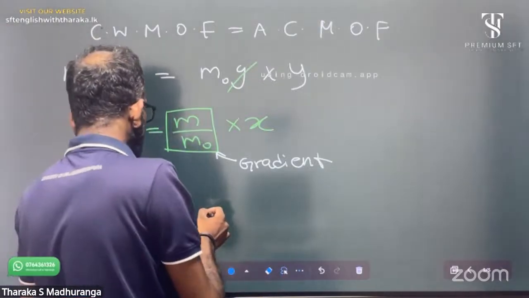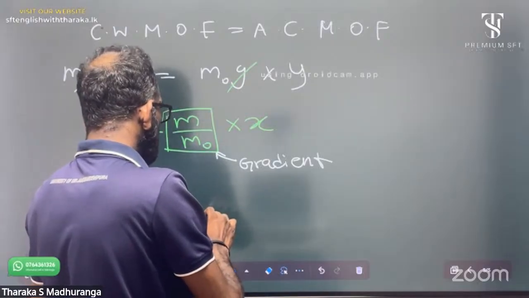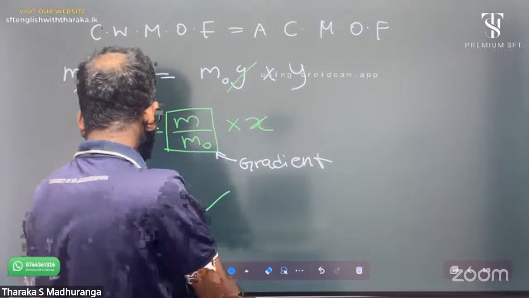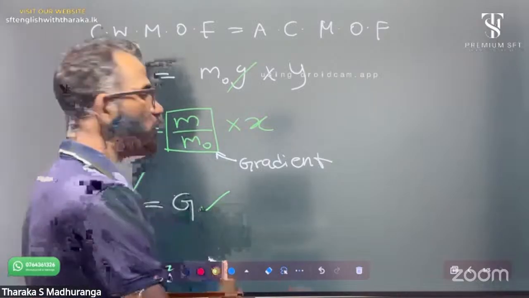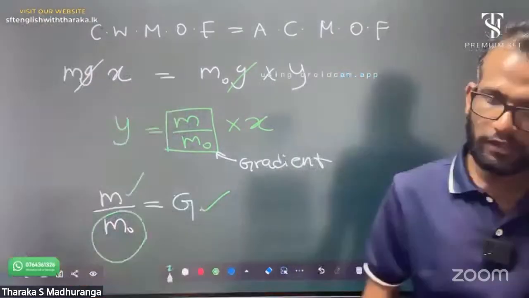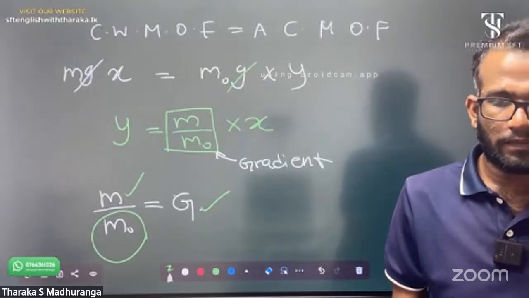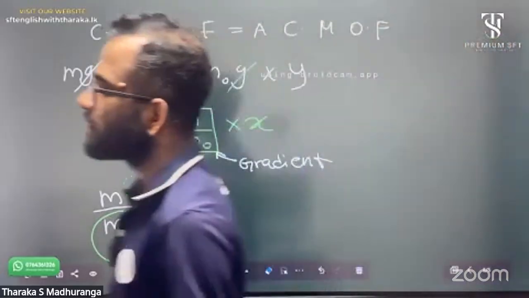If you already know the gradient and the known mass, then you can isolate the unknown mass. We find the unknown mass by the clockwise and anti-clockwise moment of force method.